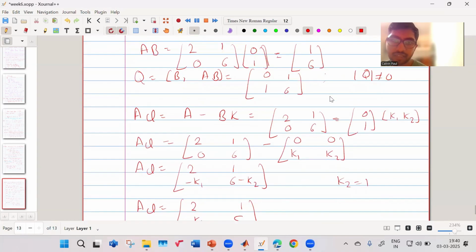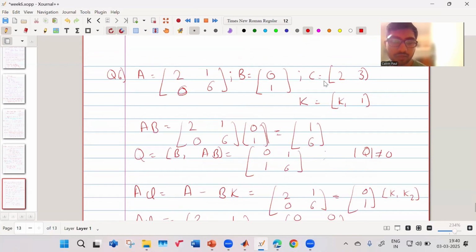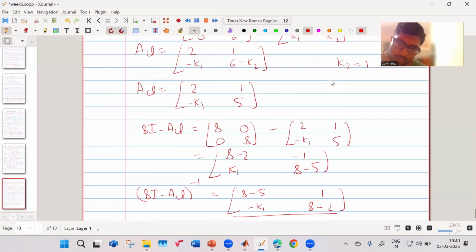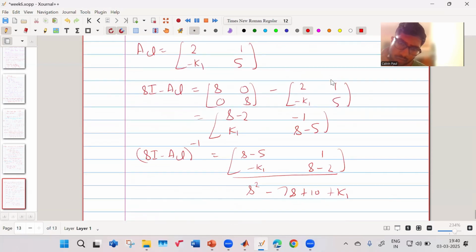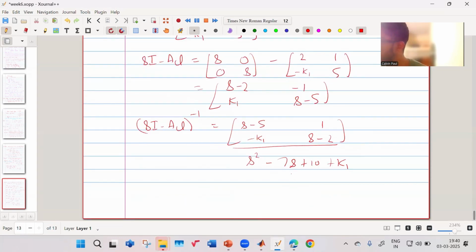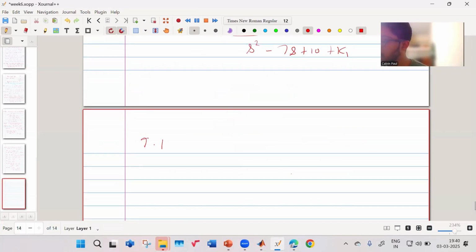And our C matrix is given by 2, 3. So our system transfer function will be what?